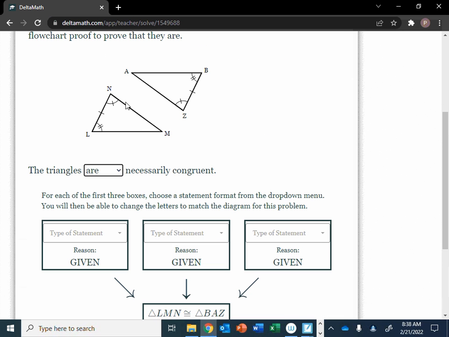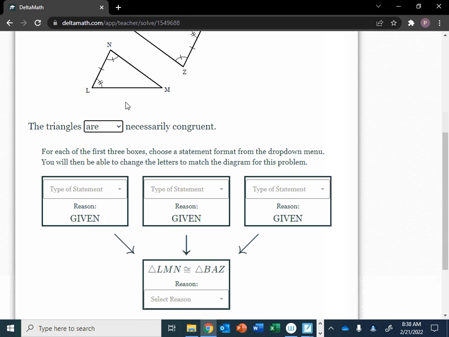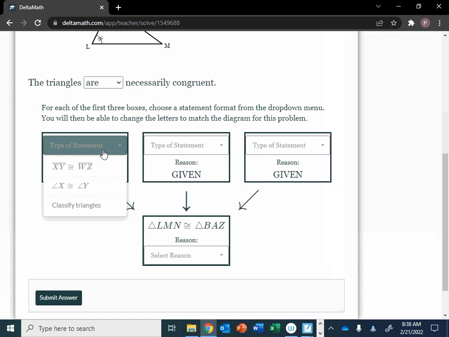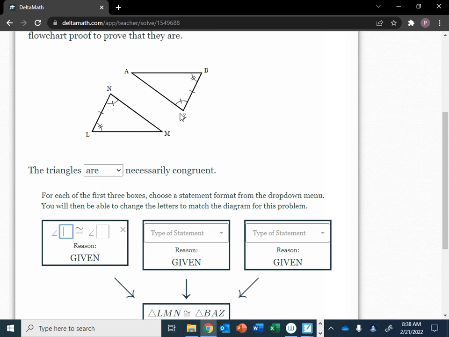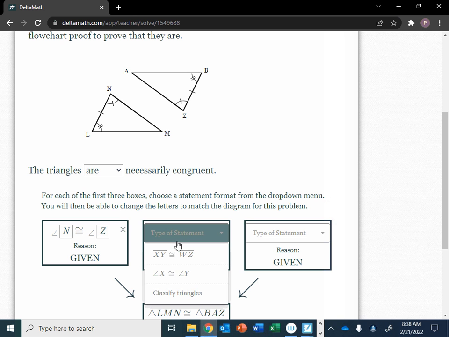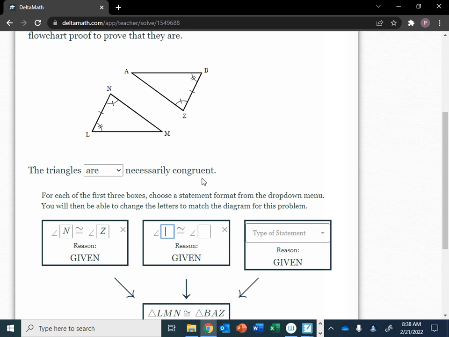Everything's already marked for you, so essentially for this proof, everything's given. From here, you list everything off. Let's just start off with an angle. You'll click the angle symbol, and which angles are congruent to each other? N and Z. Okay, N and Z are congruent. Let's talk about the other angle. What other angles are congruent?